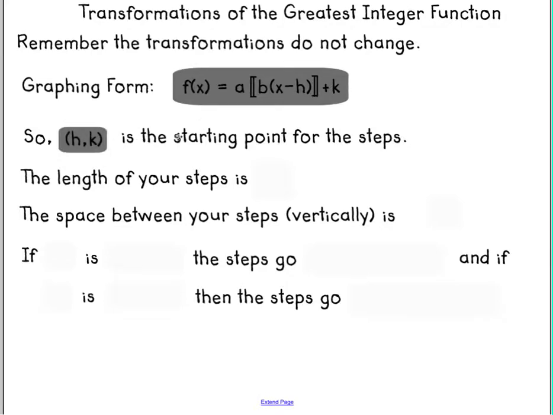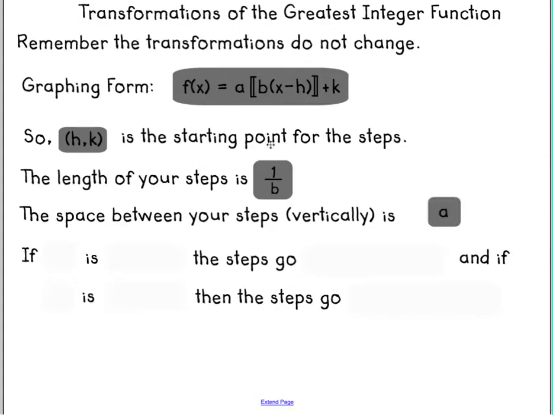So h, k is the starting point for the steps, just like it's the starting point for the parabola and the cubic. The length of your steps comes from this b. If b happens to be 1, then your step length is 1. If you have a 2 here, then the length of your step is 1 over 2, so it would be just half a unit long.